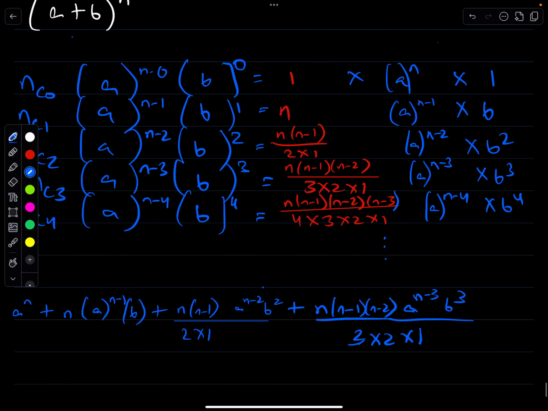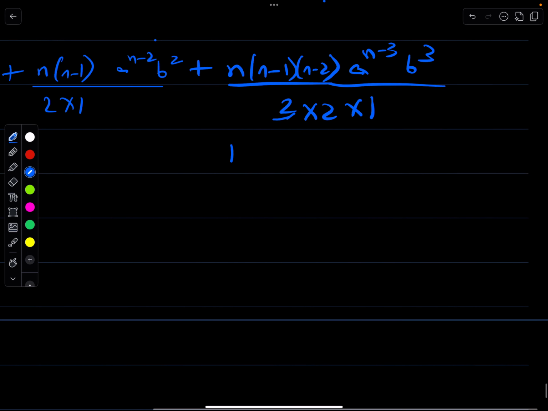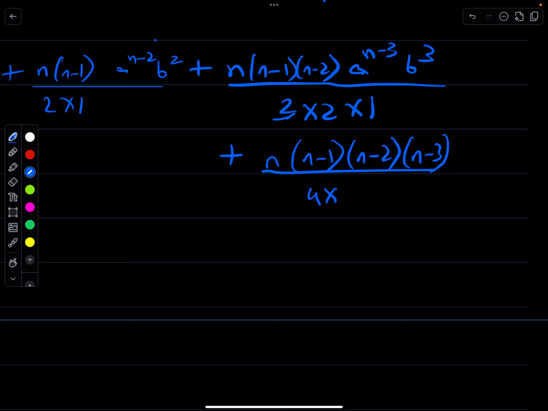We still have this term, so this would be something like n minus 1, n minus 2, n minus 3. Since nC4, we'll have to calculate this manually again, since our calculator is only programmed to accept positive whole numbers, and b to the power 4.